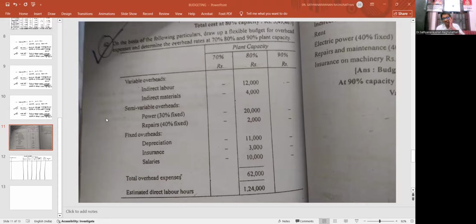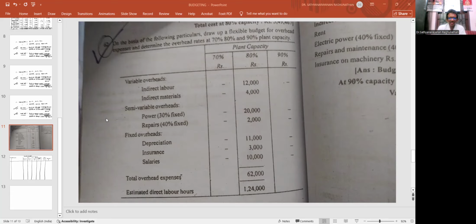In the previous problem, they had given all the units. They hadn't given the percentage capacity, but they had given units for all the levels, so it was very easy to calculate. This is also very easy to calculate.